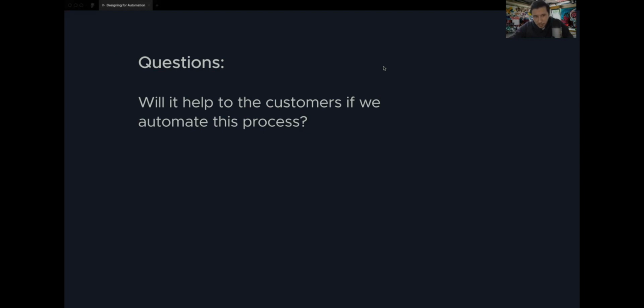Will it help the customers if we automate this process? Can we automate this process? Do we have enough resources? And can we do it?